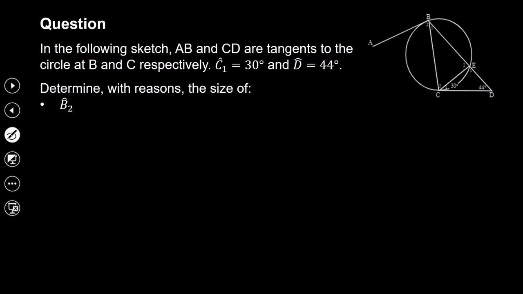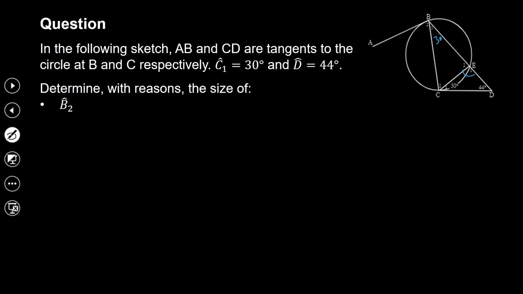Also to find B2, so already I know that this is 30 degrees. Now what else do I know? I also know that this angle here is actually going to be 180 minus 30 minus 44.